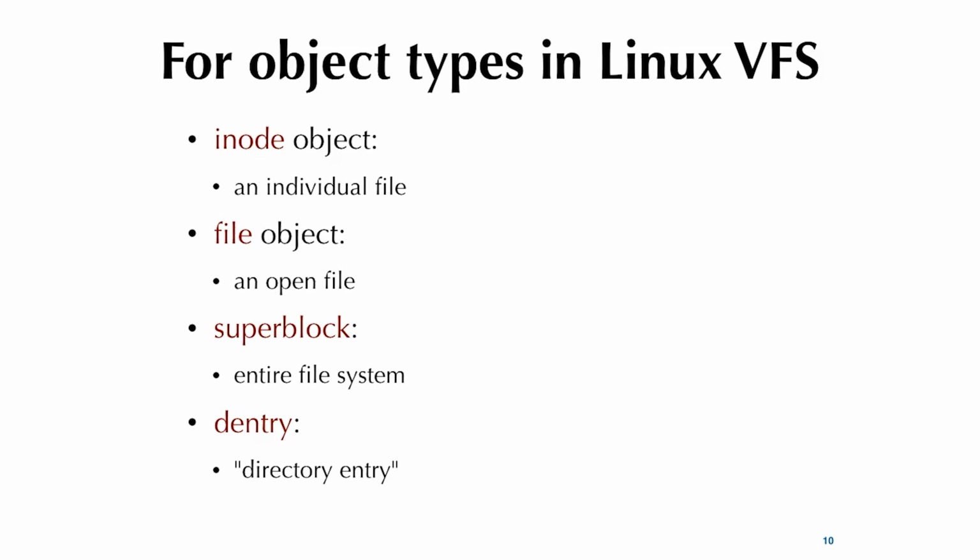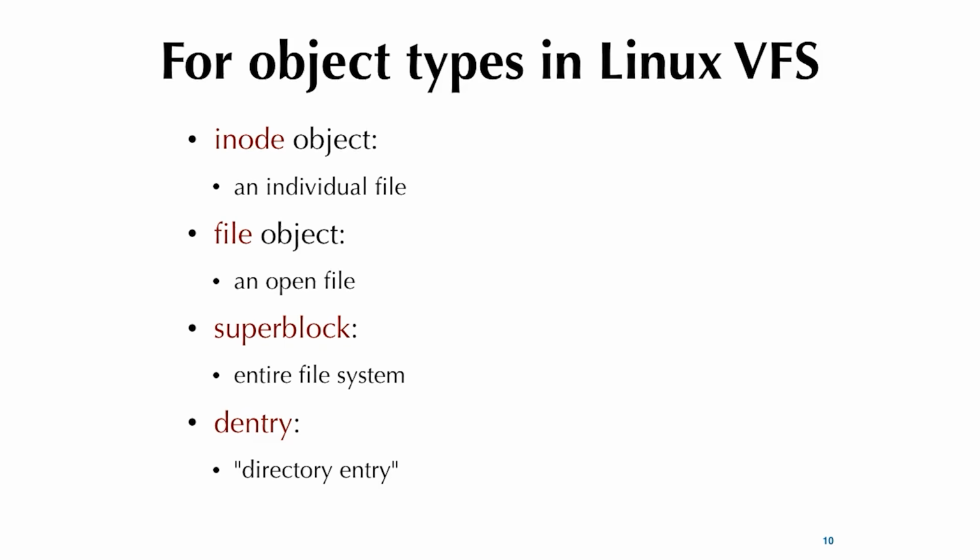Now in Linux, you can have VFS access to these various objects. So you can open an inode as an individual file. You can open the file, of course, right? But the inode itself, you can think of it as metadata, and you can open that using a file system interface. The superblock would be the entire file system, or a dentry. What's a dentry?